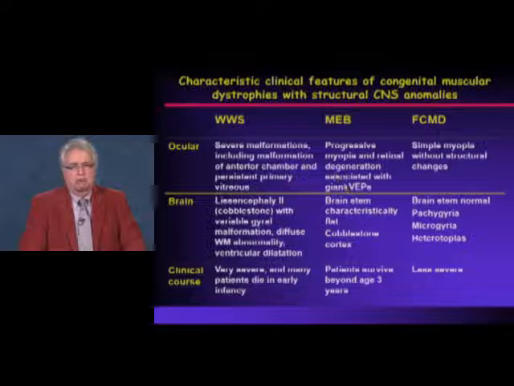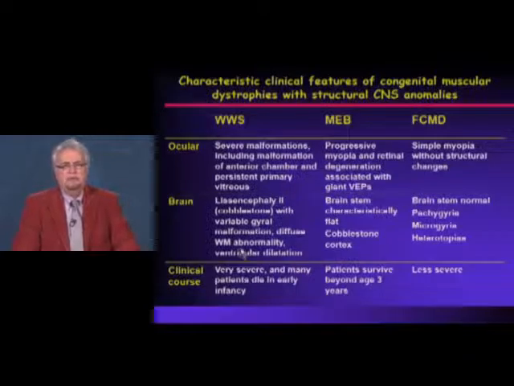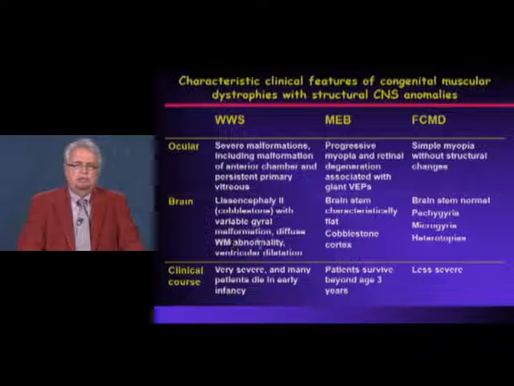We can also have retinal degeneration. Whereas in Fukuyama muscular dystrophy, you can just have simple myopia without structural changes. The brain also can have different degrees of malformation in these muscular dystrophies, as severe as lissencephaly type 2, and as mild as having just an area of microgyria or pachygyria or heterotopias.